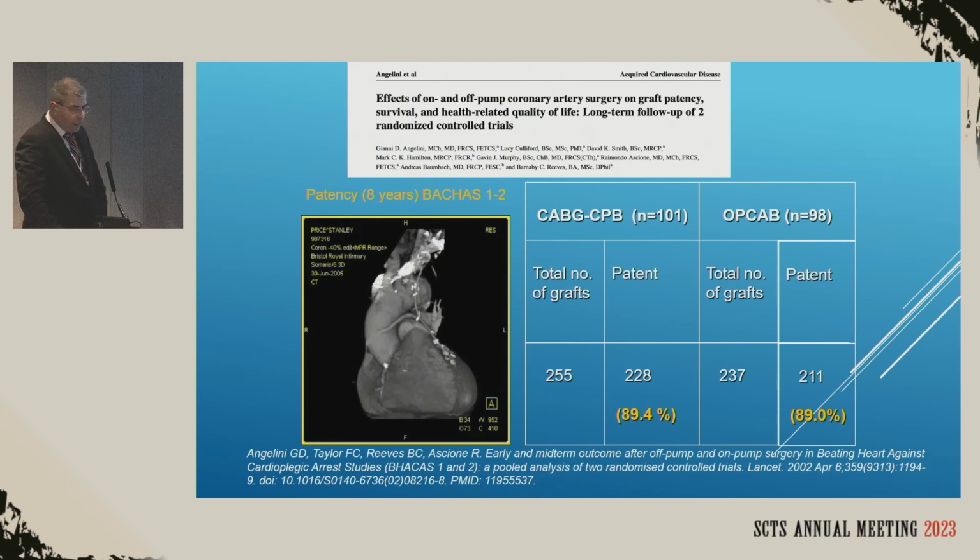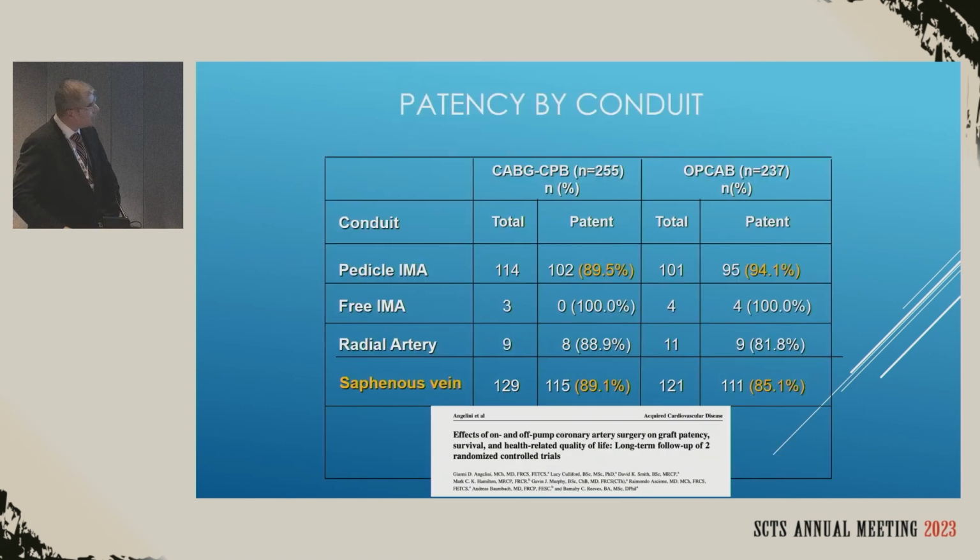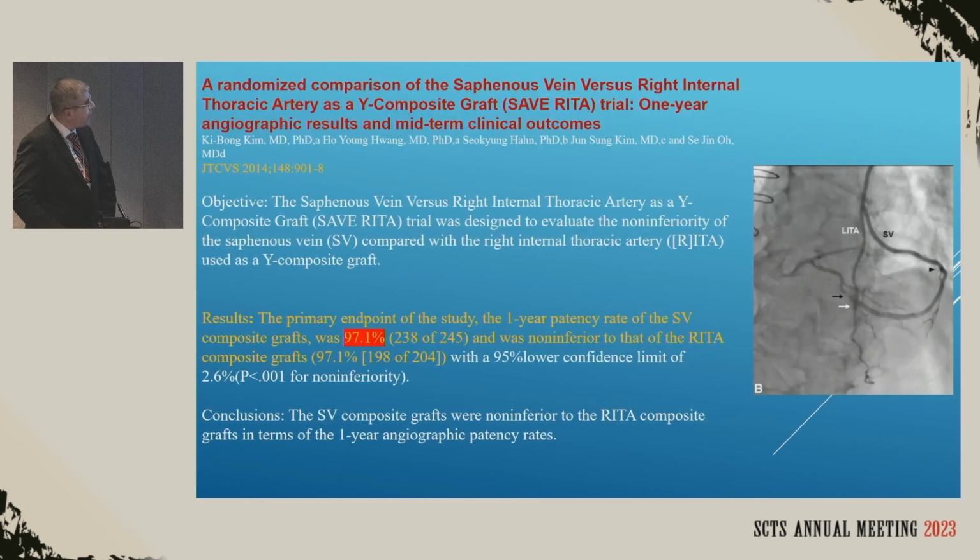This is an early study published by the Bristol group in Lancet that was looking at on-pump and off-pump, and that showed no difference. But what I want to draw your attention to is that in the Bristol data, we've seen that the saphenous vein graft patency was quite high.